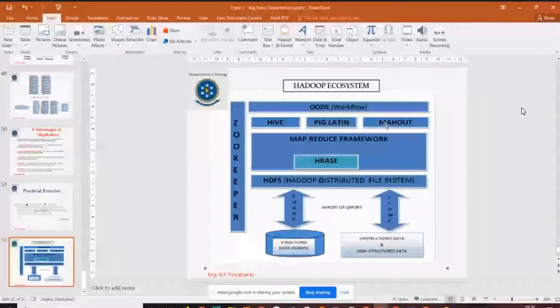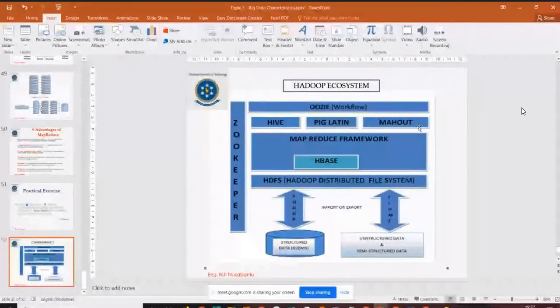When you choose to be a big data analyst in the Hadoop ecosystem, it doesn't mean you need to know Hive, Pig Latin, and Mahout; you just need to know what you want to use. Hive, if you're strong in SQL. Pig Latin, if you're strong in scripting languages like Python, or if you're strong in Scala, which is a functional programming language. Mahout, if you're strong in machine learning.